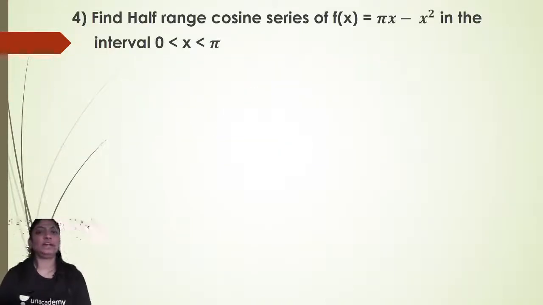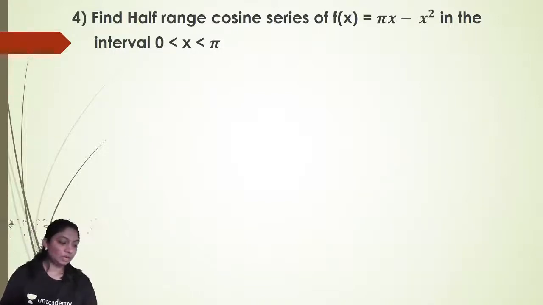Now the next is: find the half-range cosine series for f of x, where the interval is changing here. Interval is 0 to pi. So what is our a0 and a n in the interval 0 to pi?